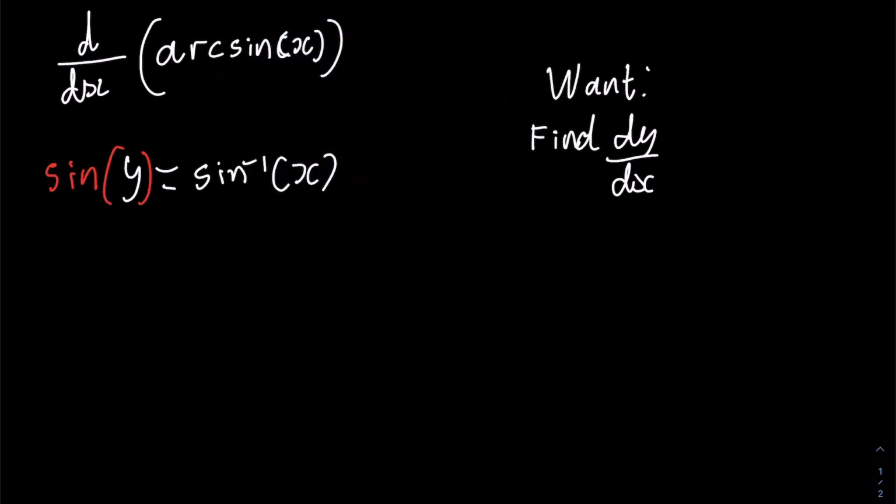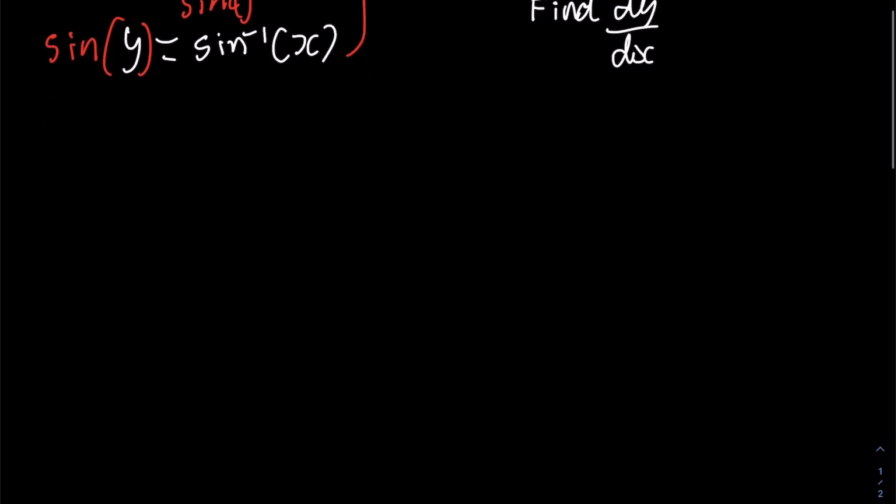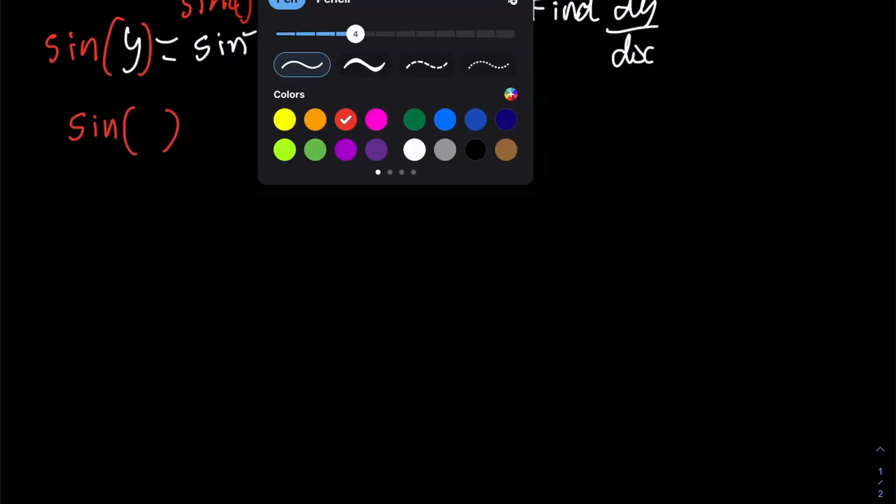The sine of the inverse sine of x will just return x by definition, because the inverse sine of x takes a triangle where the ratio of the opposite and the hypotenuse is x over 1, and taking the sine of that will just return exactly that. So that's why they cancel out. What we see here is that the sine of y is just equal to x. That is pretty cool.